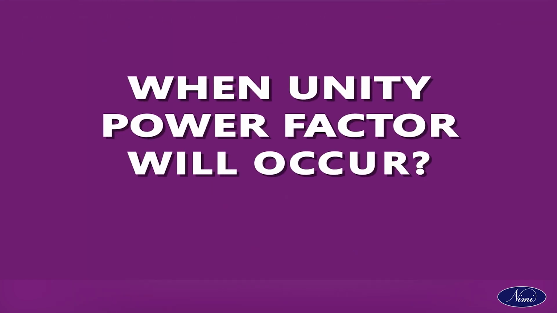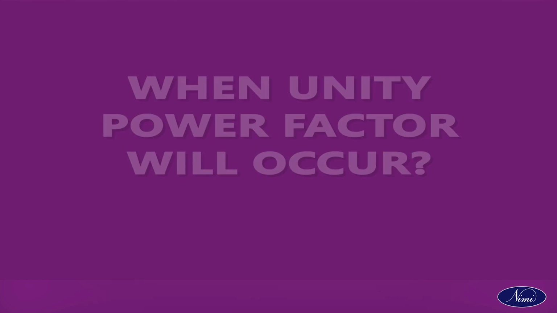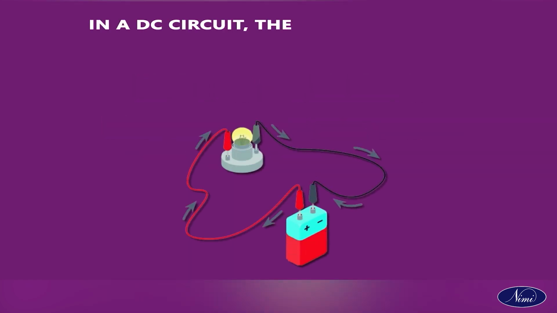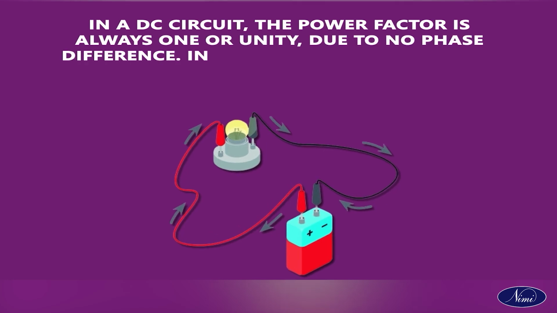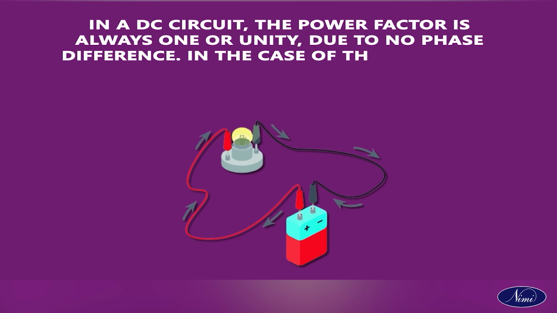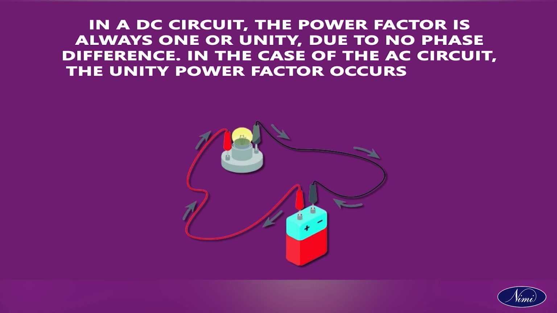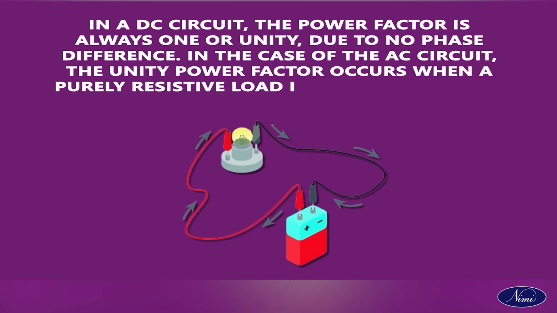When will unity power factor occur? In a DC circuit, the power factor is always 1 or unity due to no phase difference. In the case of the AC circuit, the unity power factor occurs when a purely resistive load is connected to the supply.